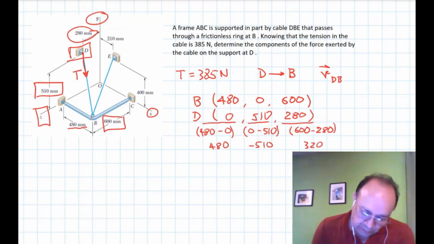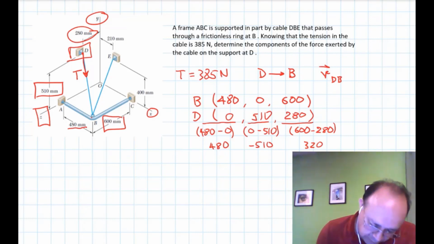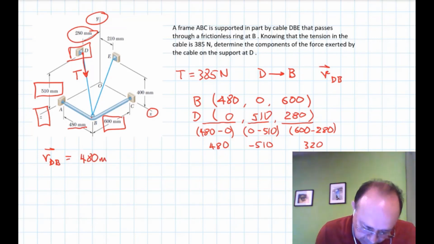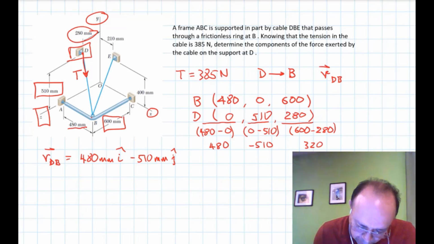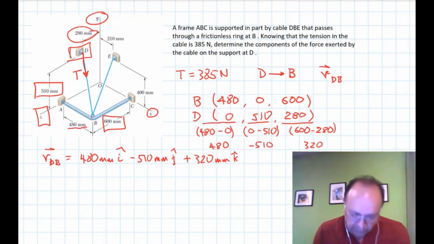Those are the components of the position vector. Let's write it here. Position vector RDB then comes to be 480 millimeters i minus 510 millimeters j plus 320 millimeters k. It has the units of millimeters.